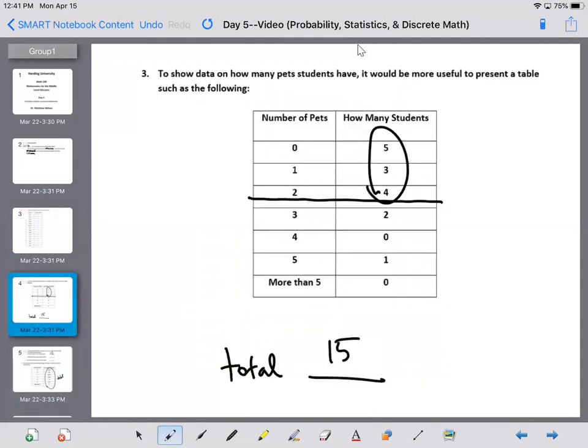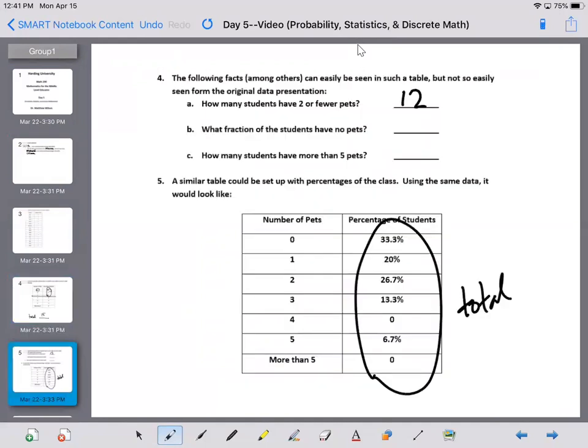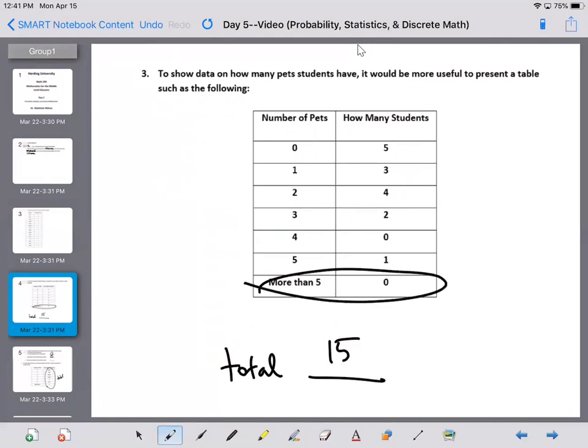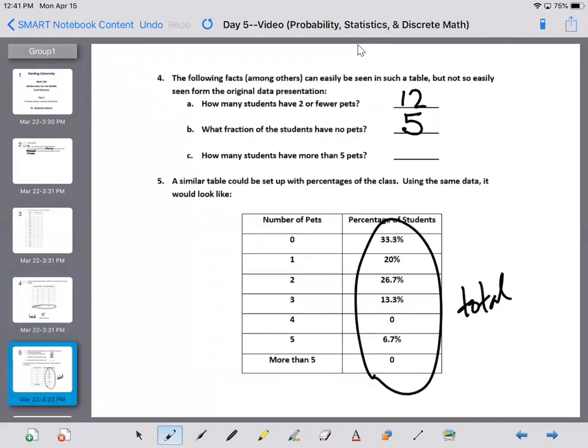Well, we've got 0 pets, we've got 5 students. How many students have more than 5 pets? We can see those that have more than 5 right here, and that would represent 0.